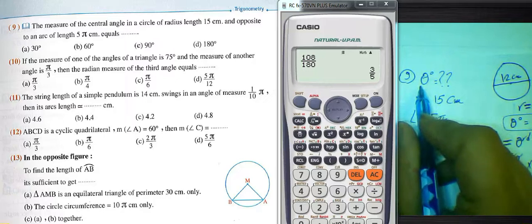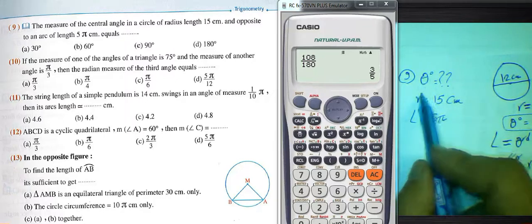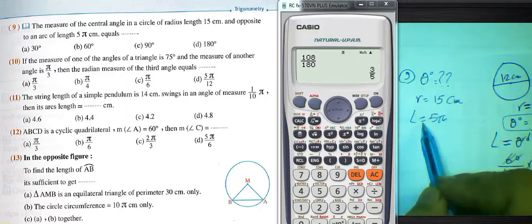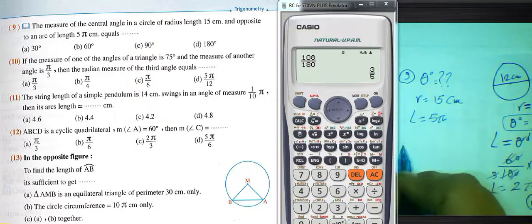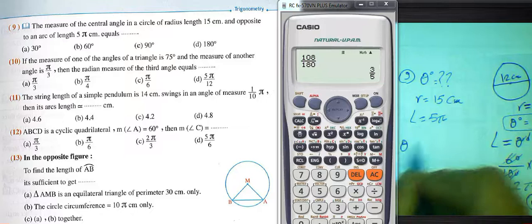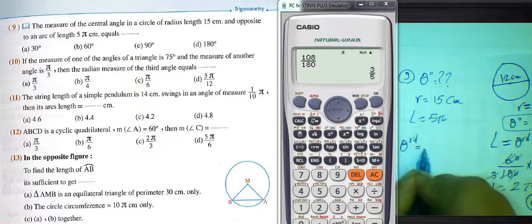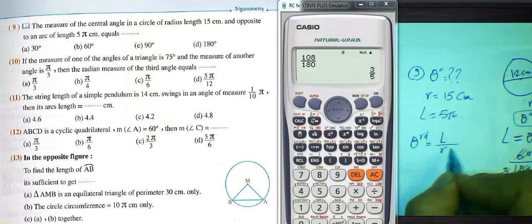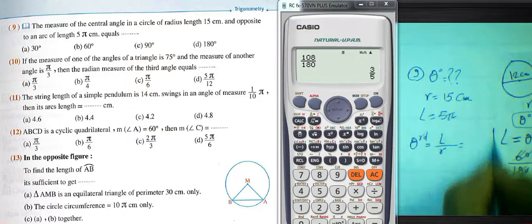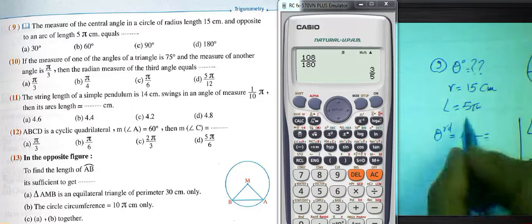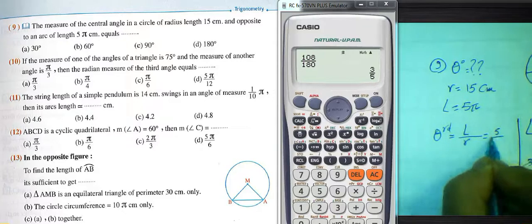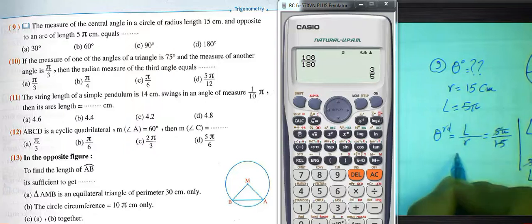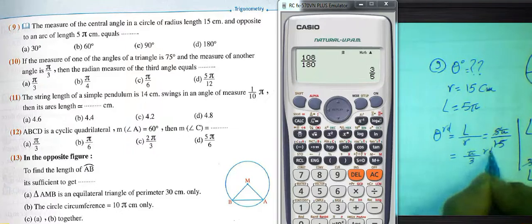He wants to find theta degree. The radius is 15 centimeter and L equals 5 pi. We can find theta radian by dividing L by R, so 5 pi over 15. You can cancel this. The result will be pi over 3 radian.